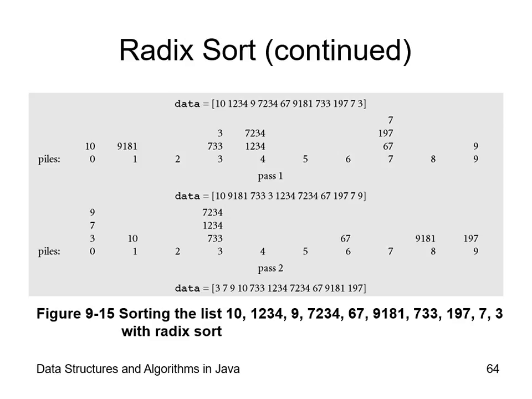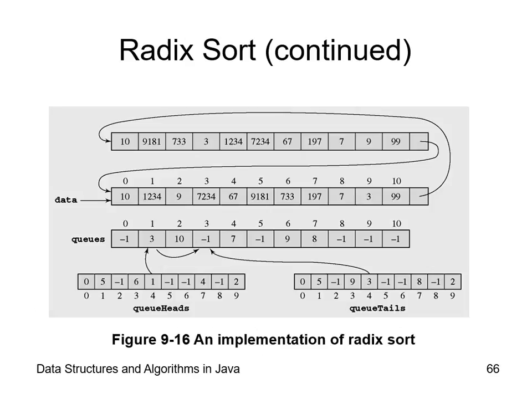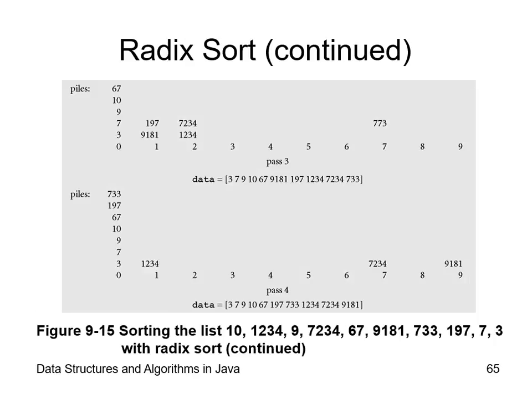When you finish a certain number of passes, it will be sorted. Which one is the biggest number? This one. How many digits? 4. You need 4 passes. When the largest number has 4 digits, by the time you finish 4 passes, it will be sorted. If your biggest number has 7 digits, you're going to need 7 passes. After pass 7, it will be sorted.